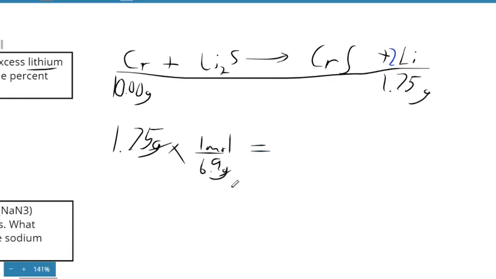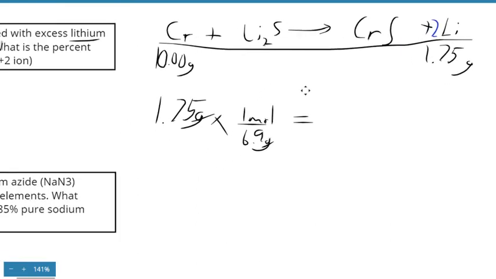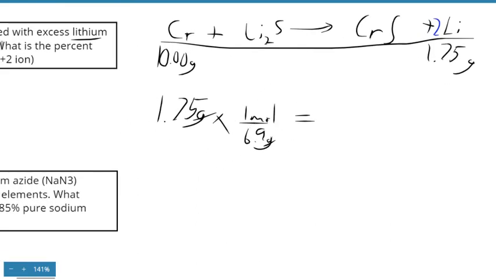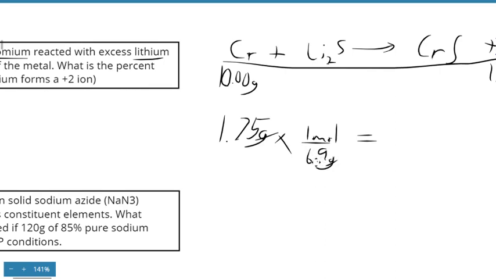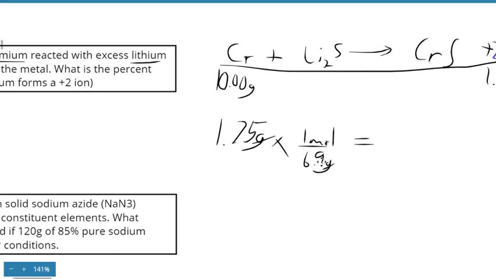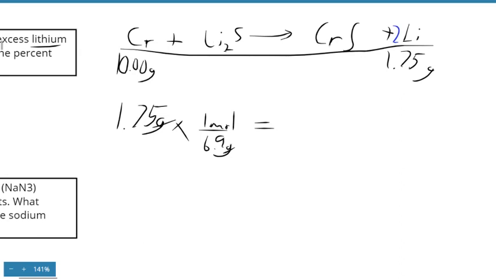Grams per mole can have 3, 4, or 2, maybe even 5 sig figs. So if it has 2 like it does here, your answer will be 2 sig figs if you just do multiplication. So your grams per mole can limit your answer. Just something to watch out for.